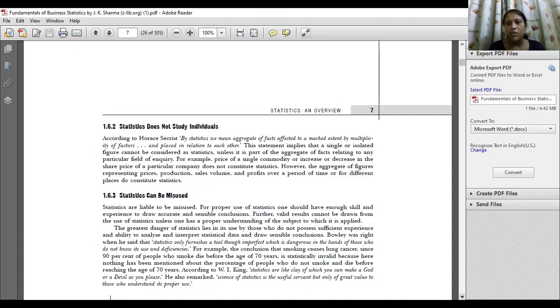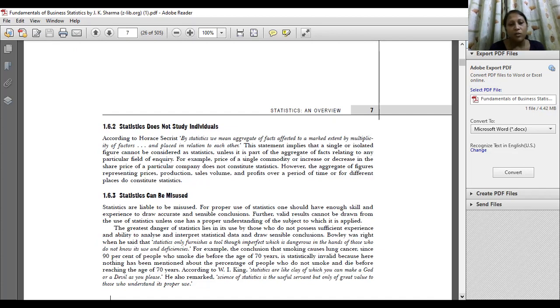When it will increase, when it will decrease, it is very hard to predict. But after 1 year, we can have data that can be collected, the increase or decrease in their share price, that much we can have. And statistics can be misused also, and it is liable.